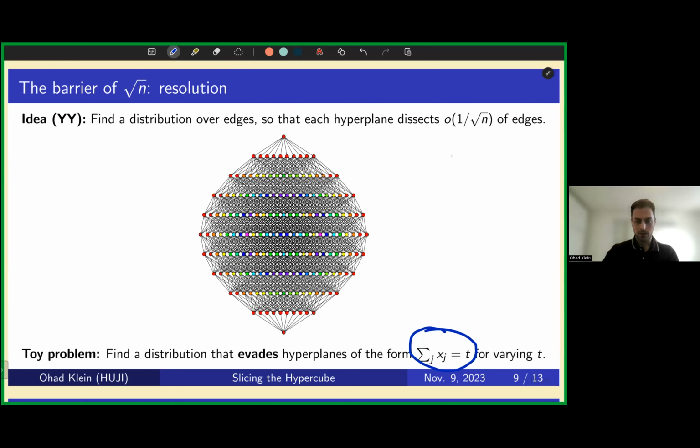One possibility for such a distribution over edges is to start with a random Hamming weight that is uniformly distributed between 0 and n. And then, after we choose this random weight, we choose some random edge inside this weight.